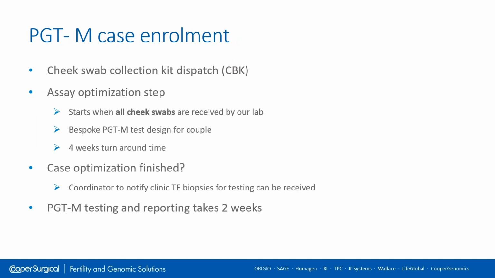This is because we need time to review documentation submitted to us, organize the GC enrollment call, and receive all the DNA, and the whole optimization takes 4 weeks. That's why the usual case enrollment turnaround time is a minimum of 8 weeks. PGT-M testing and reporting takes 2 weeks.